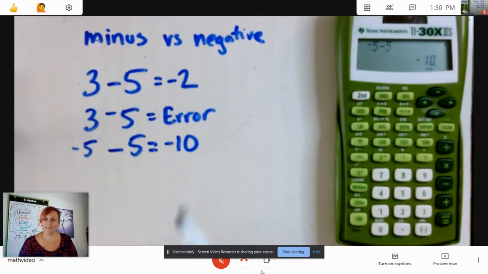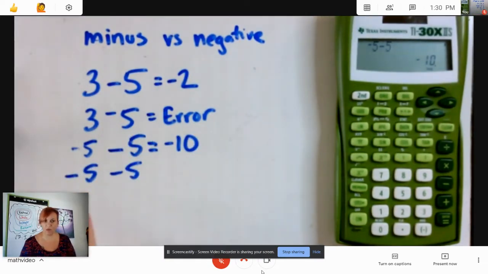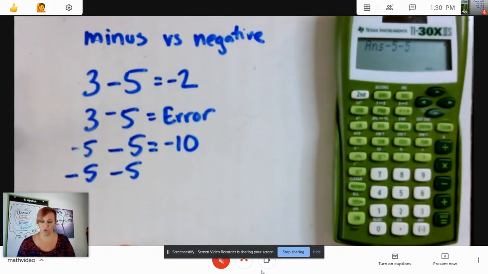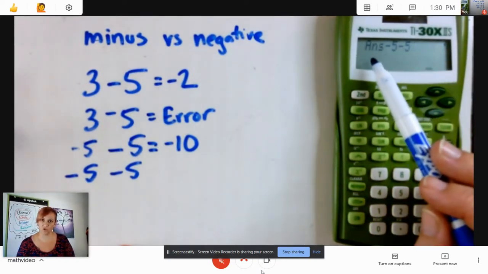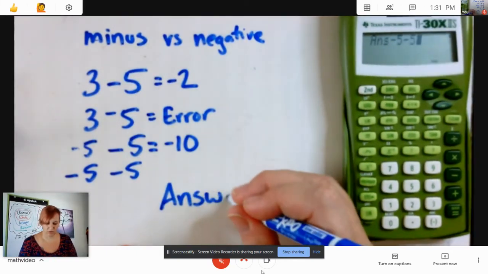But if instead of typing the negative sign I accidentally type a minus sign there, so let's say I wanted to do -5 minus 5, and I typed minus 5 minus 5. Well, look, it types in this whole extra thing on my calculator. That means Answer.